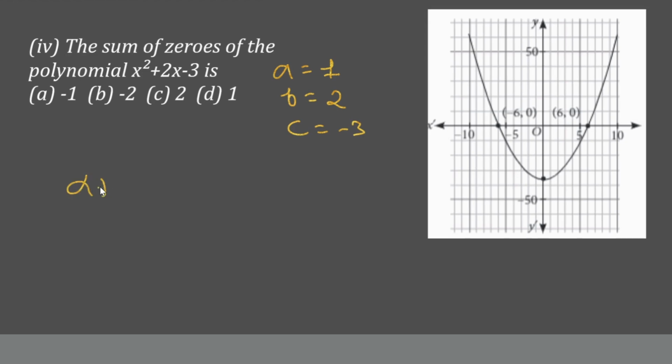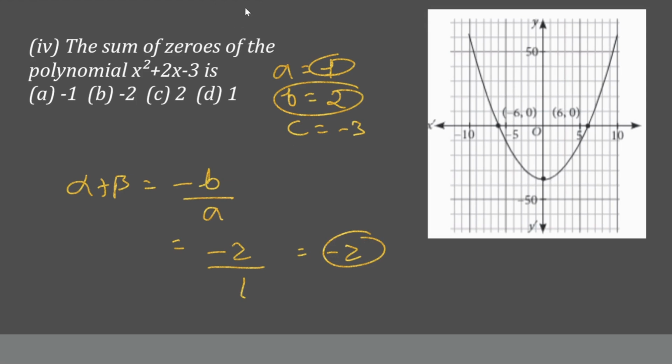And what do we know? That the sum of the zeros is what? Negative coefficient of x over coefficient of x square, that is minus b over a. And what is b? b is 2, so minus b will be -2. That divided by a, which is 1. So we can say -2 is correct in this case, that is option B will be correct.